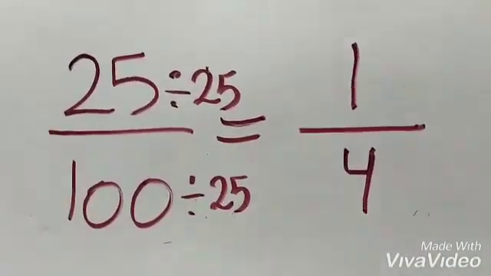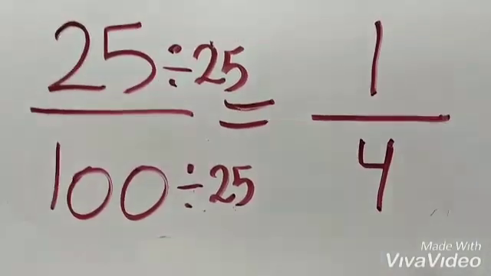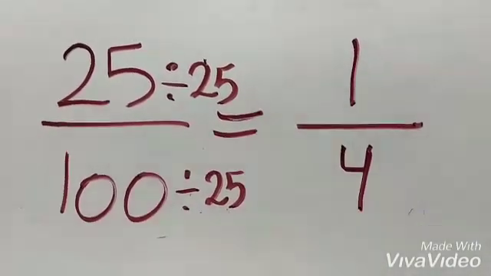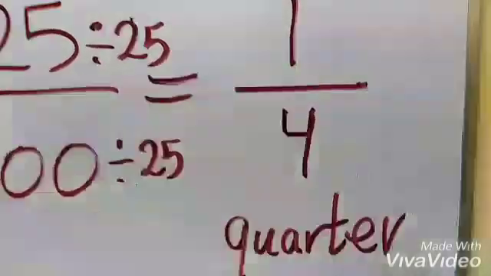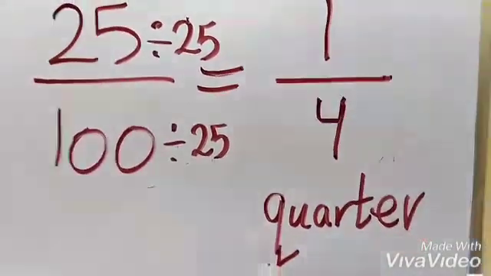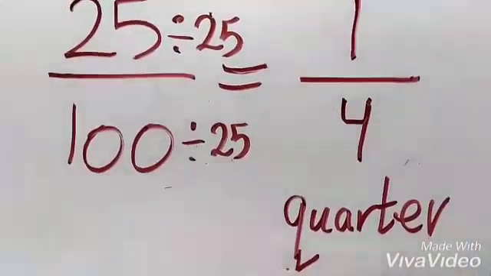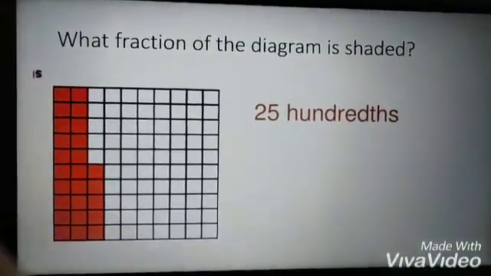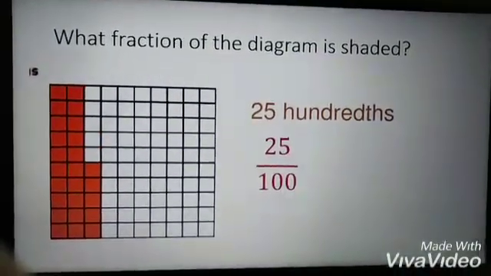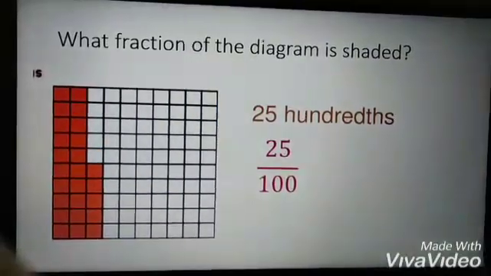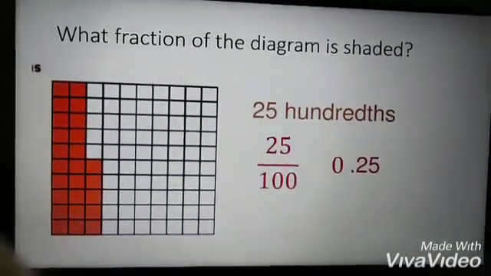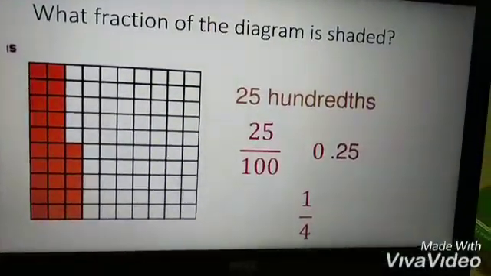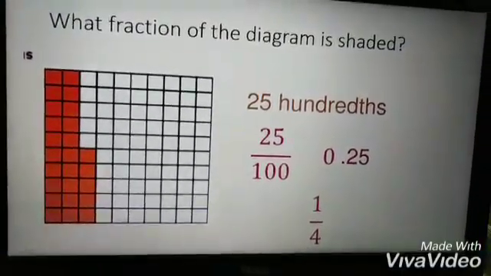So, 25 hundredths can be written in a simple way as 1/4. So 25 hundredths is 25 hundredths, or 0.25, or 1/4.